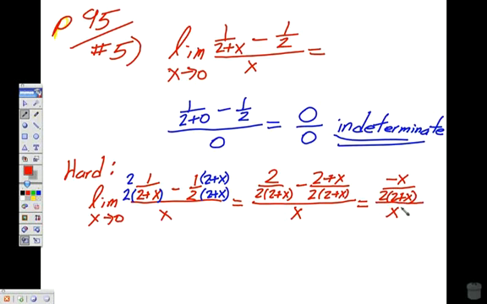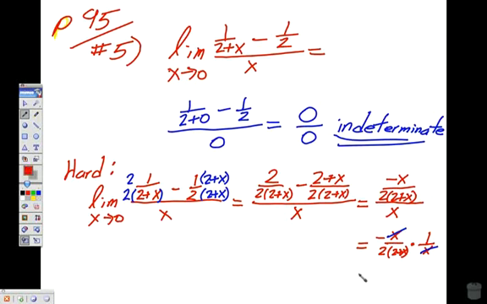Okay, now we can get rid of this x on the bottom by saying this is negative x over the denominator times 1 over x. That's to deal with this dividing by x. And I'm sure you are already a step ahead of me and see that that x and this x cancel each other out.